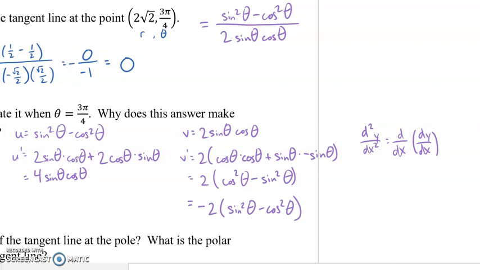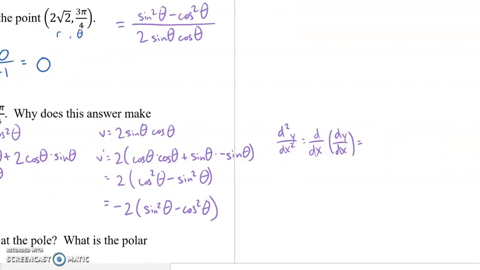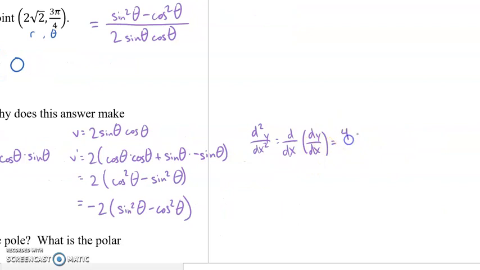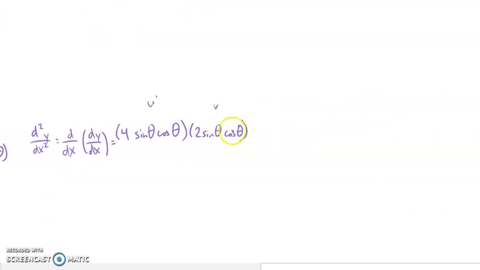All right, so anyway, u prime v minus u v prime. So we're going to get 4 sine of theta cosine of theta times v, which is 2 sine of theta cosine of theta. That's my u prime v minus u v prime.